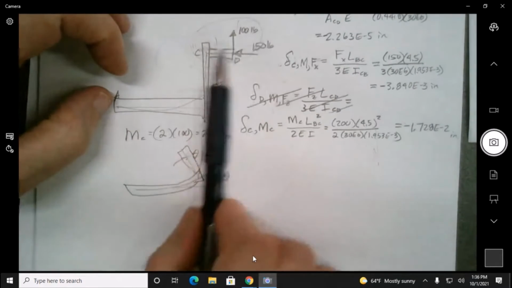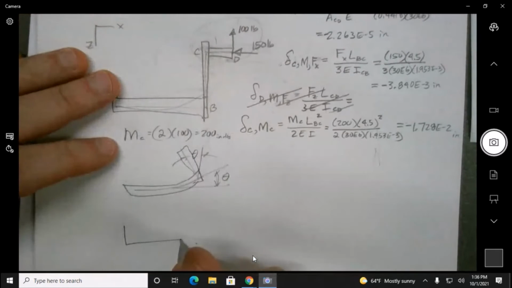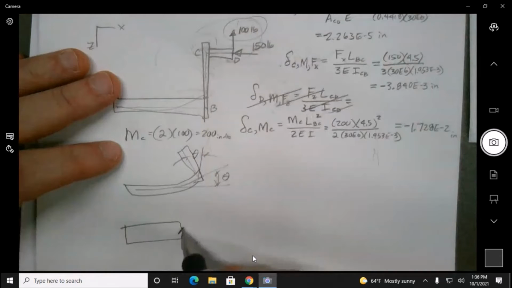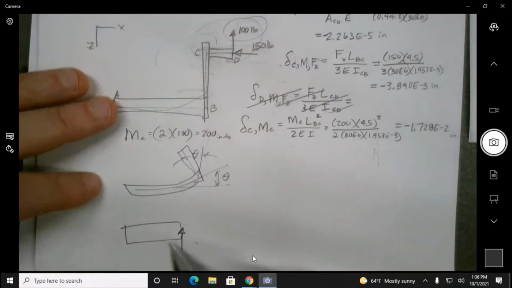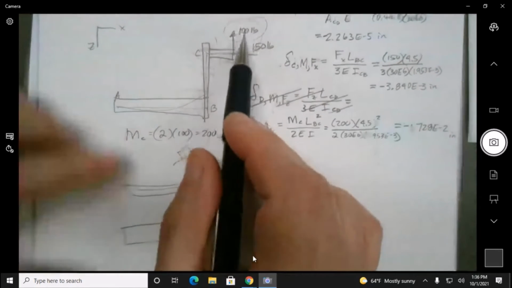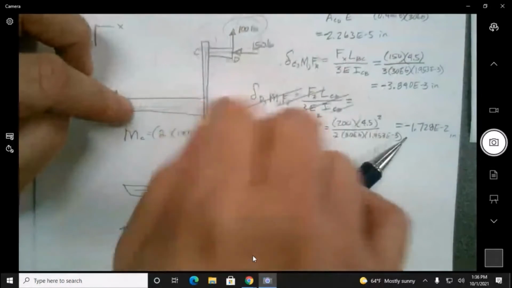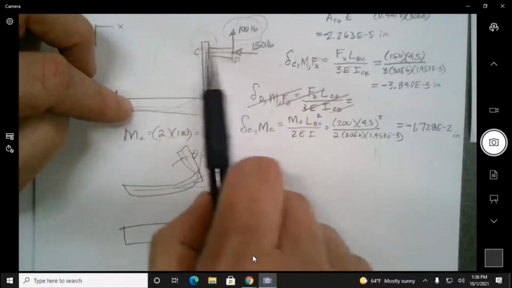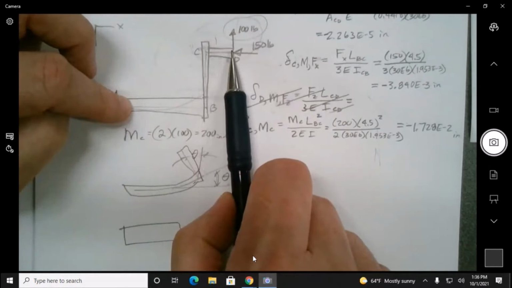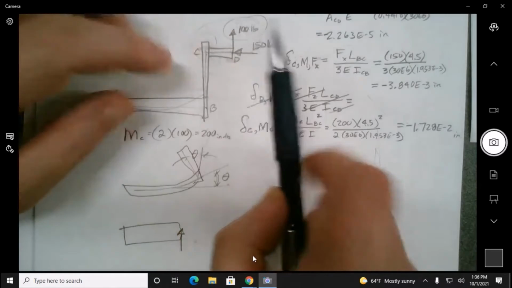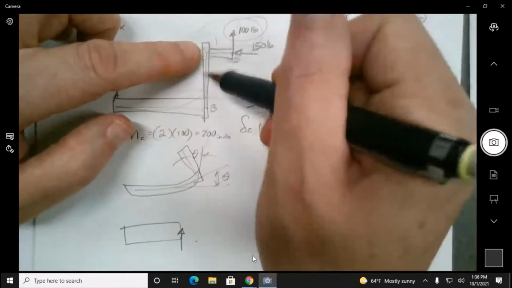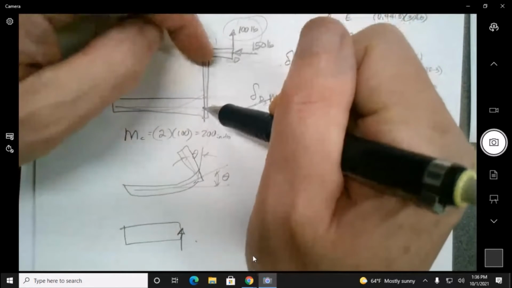Well, for one thing, it'll be like transferring this force over to this location. But there's also going to be a moment placed onto this thing due to this length. And there's also going to be a moment placed on this end due to this force times this length.